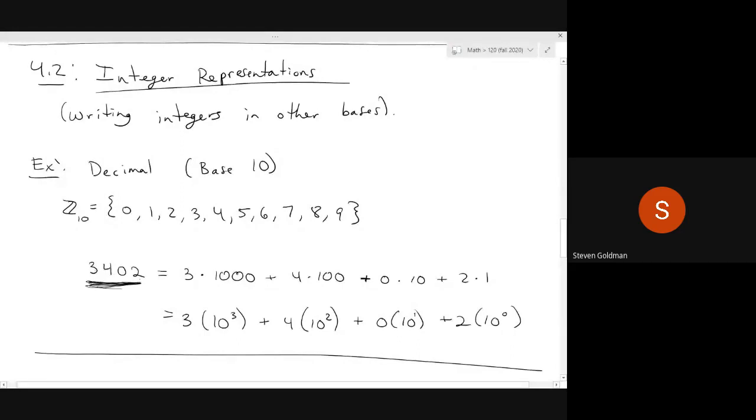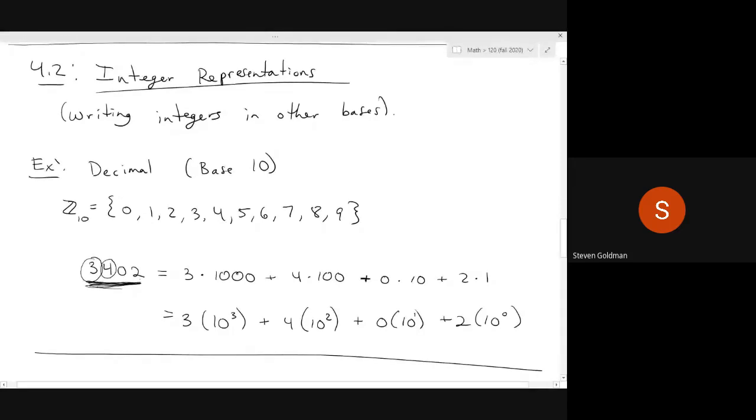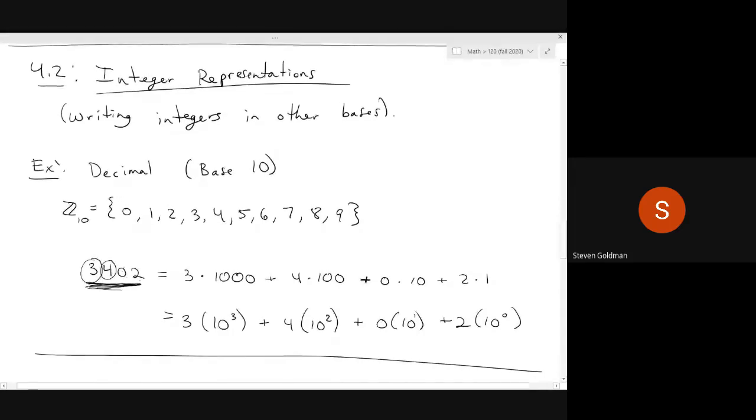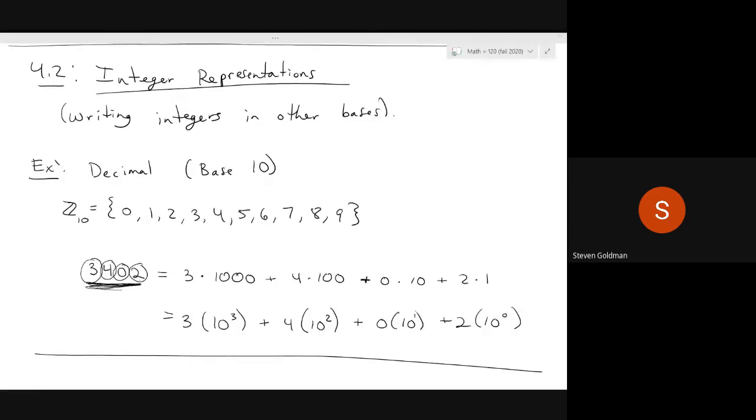It means I've got 3 thousands, or 3 times 10 to the power of 3, plus 4 hundreds, or 4 times 10 squared, plus 0 tens, plus 2 ones, which are 10 to the power of 0. So anytime you write down a number, it's in base 10. Does that sort of answer your question?